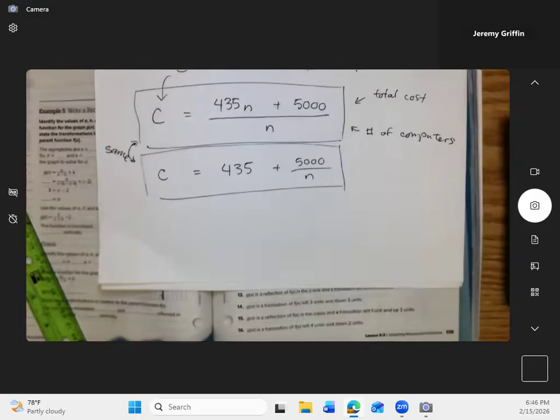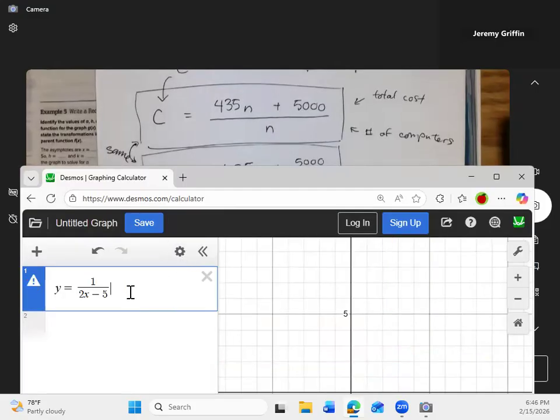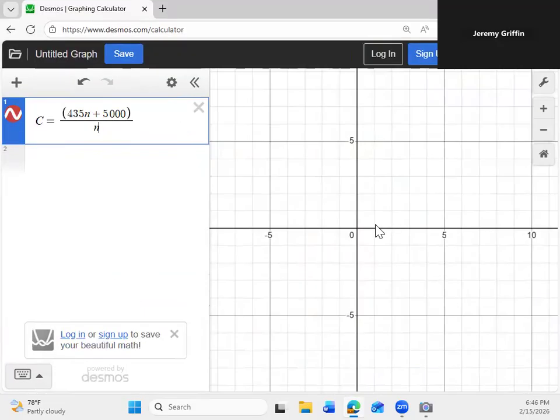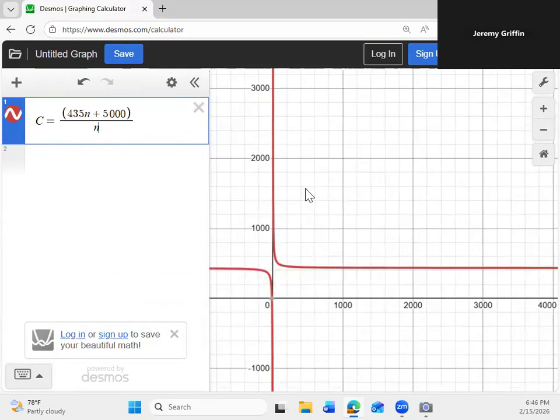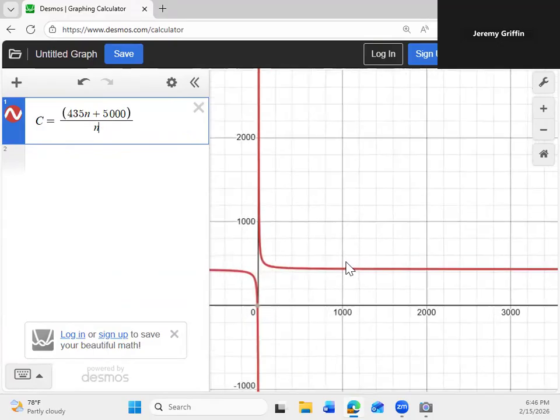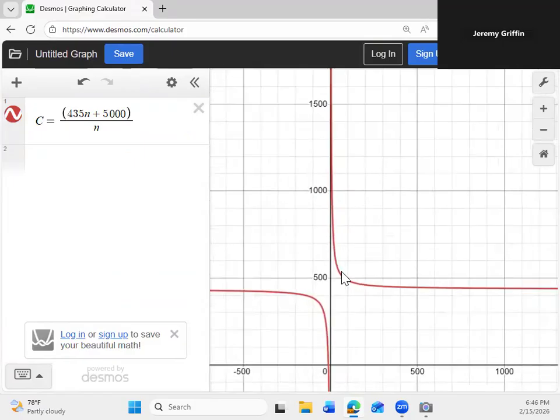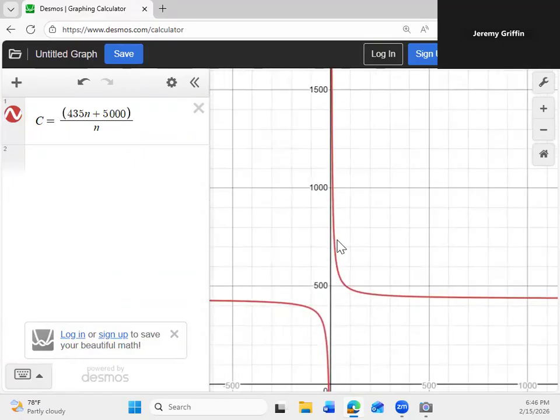Let's graph these one at a time. All right, so let's clear all this up. I think Desmos should understand C and N. Let's see if it does. So let's go 435 N plus 5,000, and then collectively divide that by N. Notice that if you only manufacture a couple of computers, the average cost is going to be really high because you had to pay all that rent.